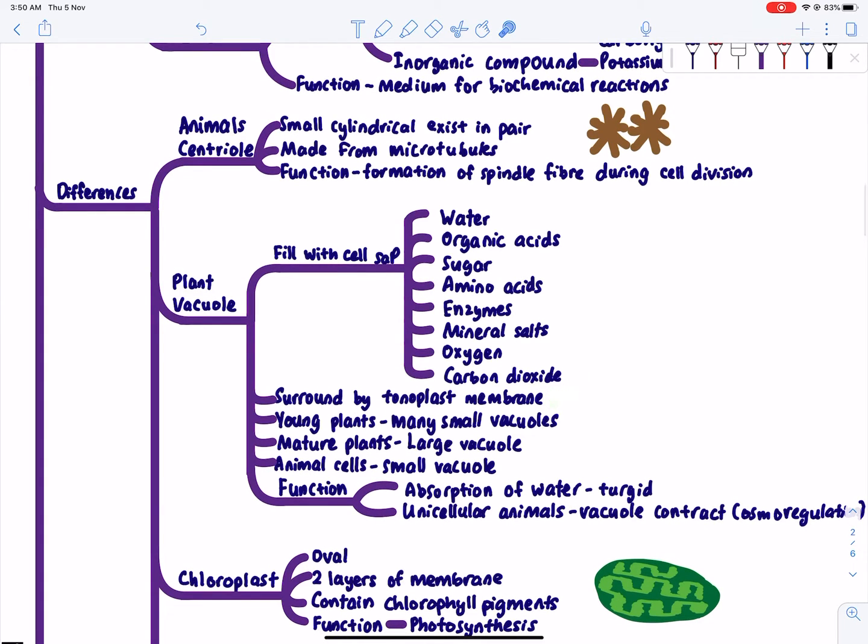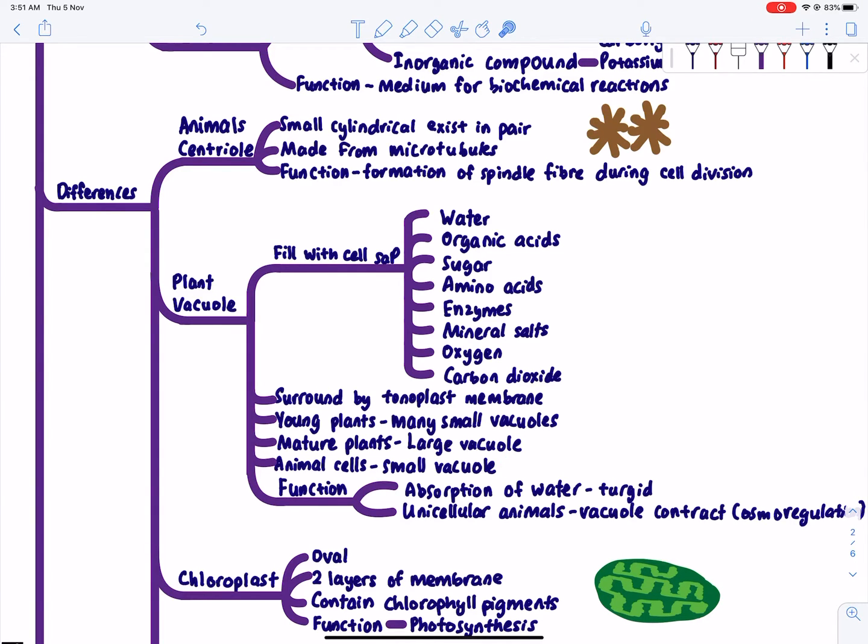Young plant, many small vacuoles. But when they become mature, the small vacuoles fuse together, becoming a large vacuole. Animal cell, either no vacuole or a small vacuole present, according to the textbook.